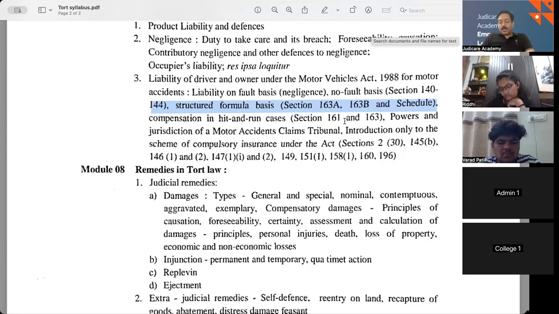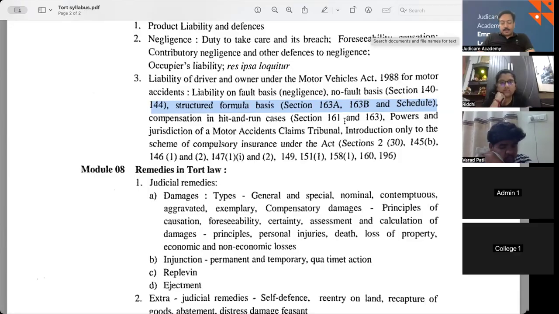Subsection 1 says, notwithstanding anything contained in this Act or in any other law for the time being in force or instrument having the force of law, the owner of the motor vehicle or the authorized insurer shall be liable to pay, in the case of death or permanent disablement due to accident arising out of the use of the motor vehicle, compensation as indicated in the Second Schedule to the legal heirs of the victim, as the case may be.